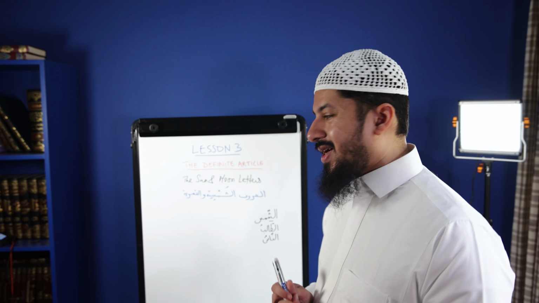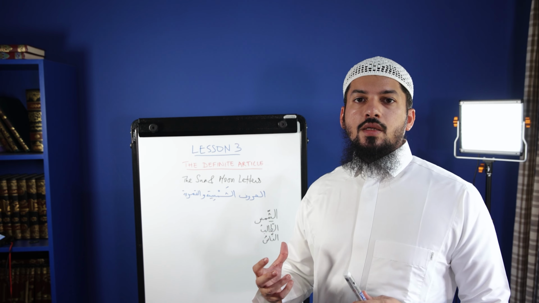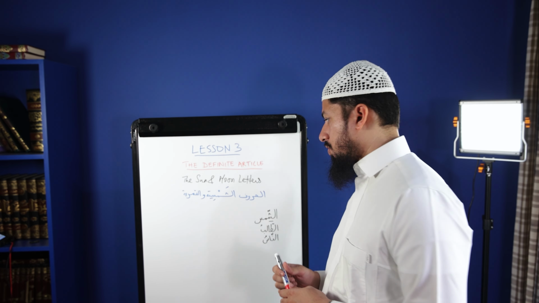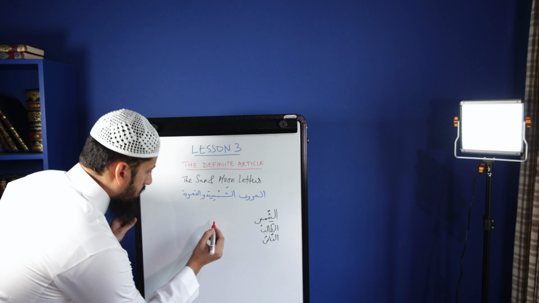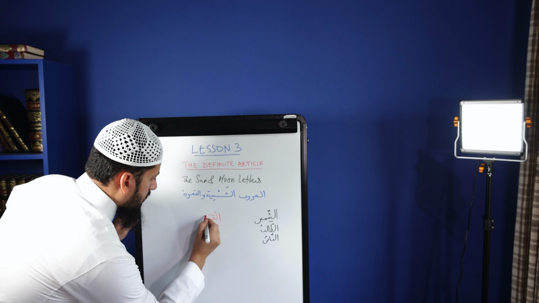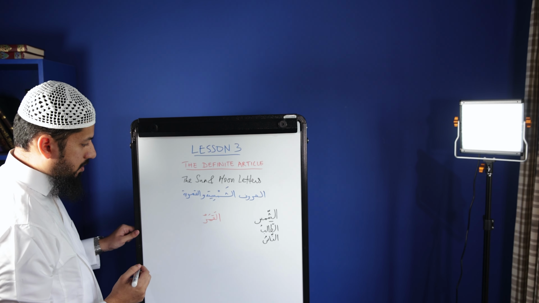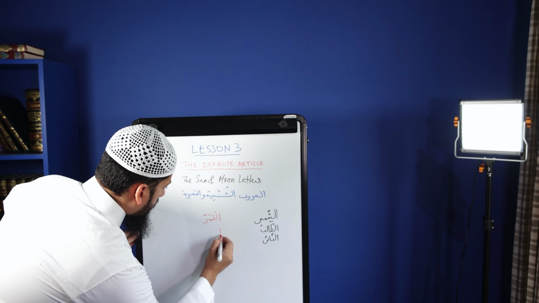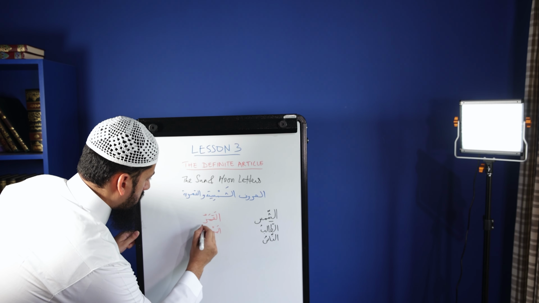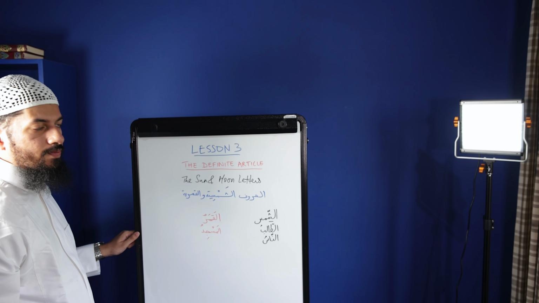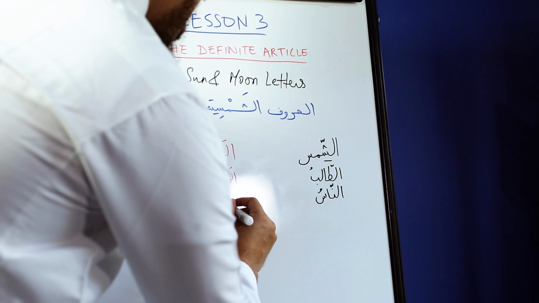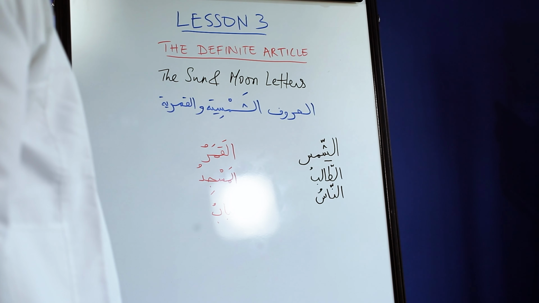What about huruf al-qamariyya? These words are pronounced like al-qamar, where the lam is pronounced distinctly with a sukun. So we have al-qamaru, al-qamar, al-masjid, al-masjidu, al-babu.